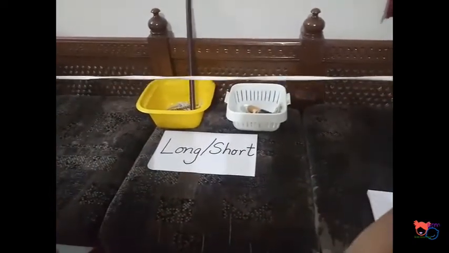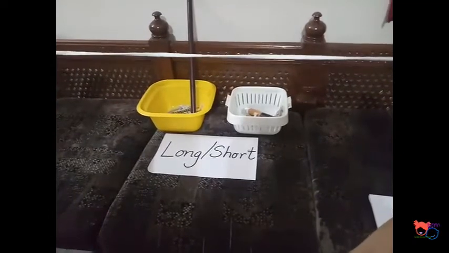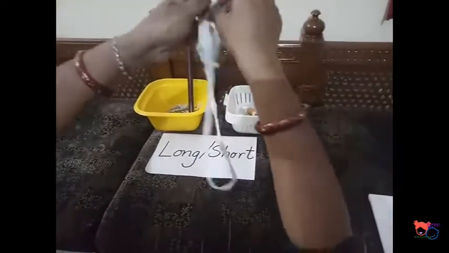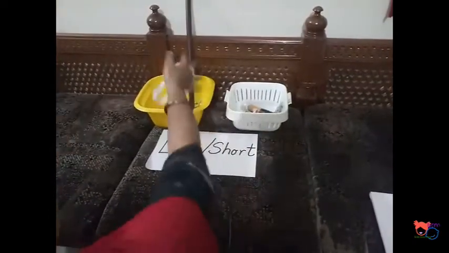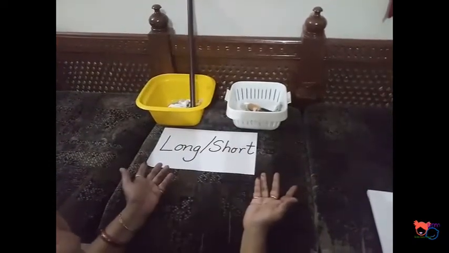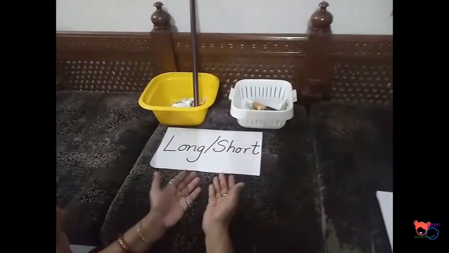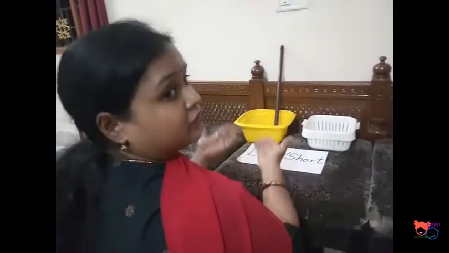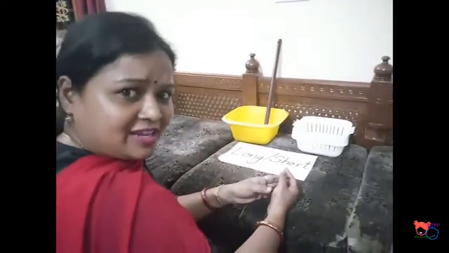Now you see, this is a long thread, so I will put it in the yellow container. See, this is so easy. So children, by seeing the length of the objects, you can tell whether it's a long object or a short object. Isn't it very easy, children?